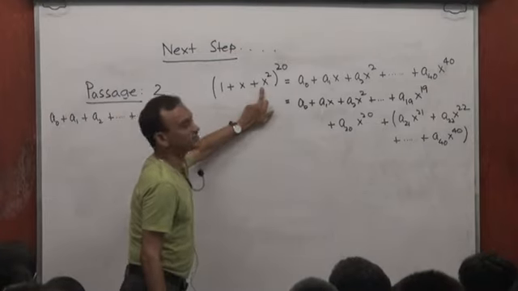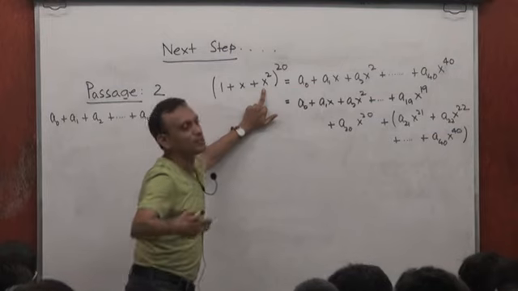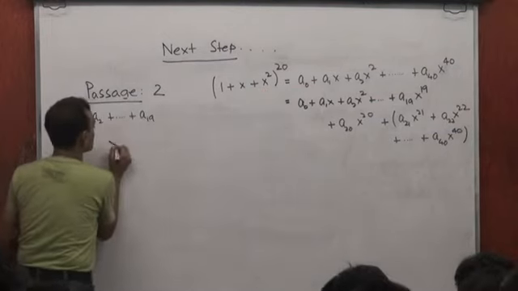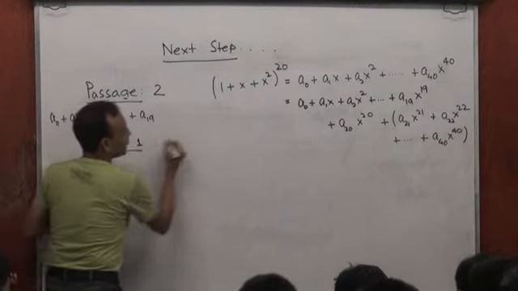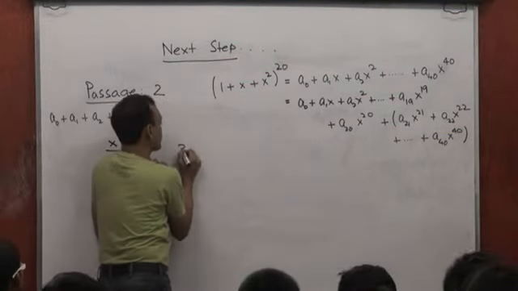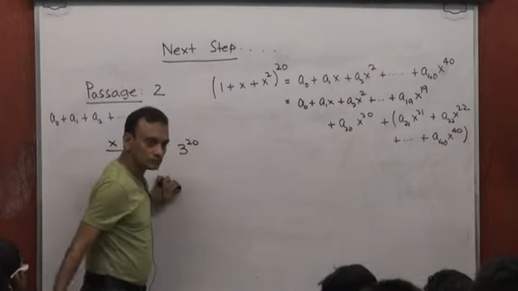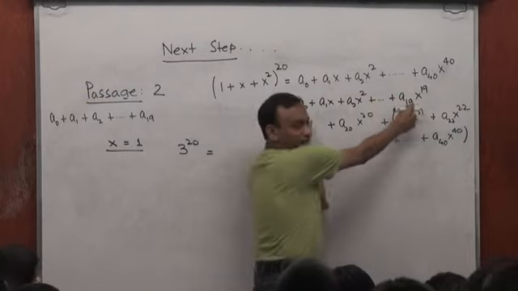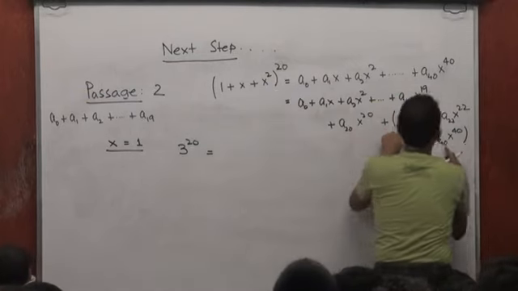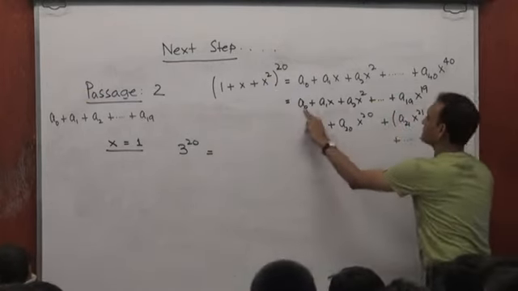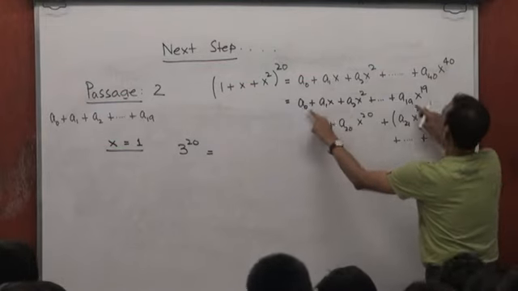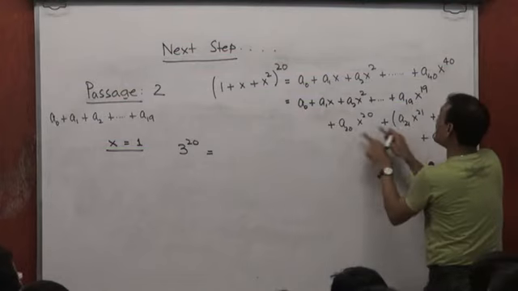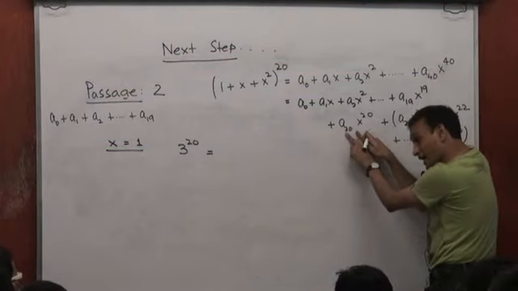Now, of course, as was warranted, let me plug in x equal to 1 on both sides. So if I plug in x equal to 1 on both sides, I get 3 to power 20, right? Equals A0 to A19, and this is A20 to A40. So A40 same as A0, A1 same as A39. So this would give me twice A0 plus A1 plus ... A19 plus isolated A20, unpaired A20.